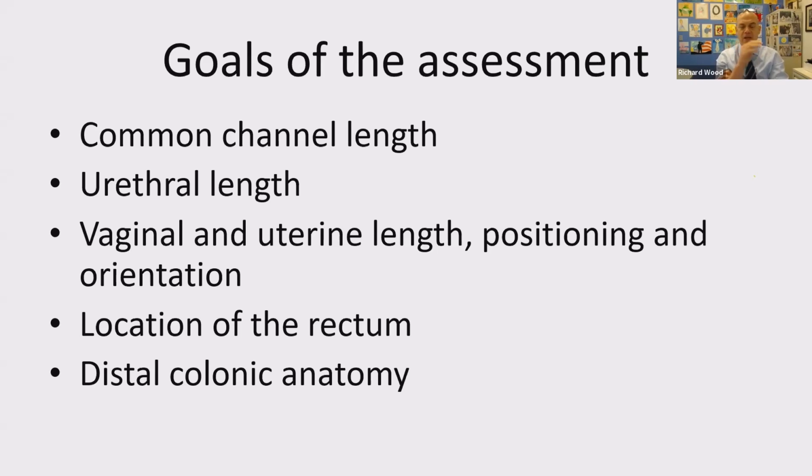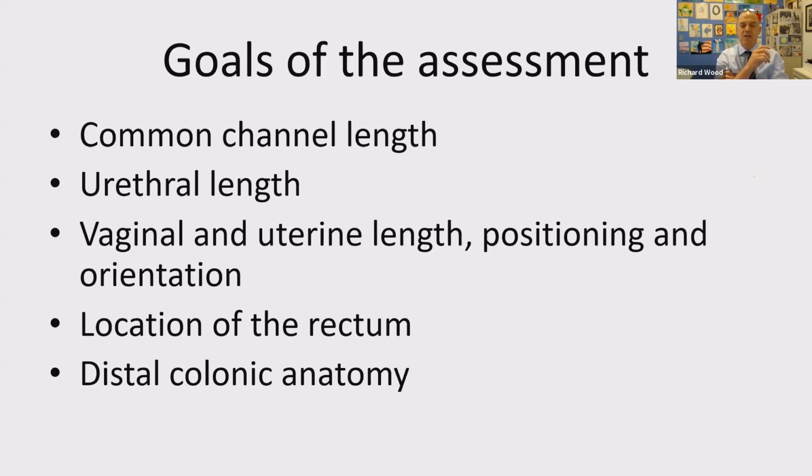So we need to know the length of the common channel. We need to know the length of the urethra, and I'll explain a bit more what I mean by that. We need to know the length of the vagina and the vagina's anatomy and orientation to the common channel and the rectum. We need to know the location of the rectum, and for this we use the PC line, which links the pubis to the coccyx, which is from the old ARM classification, like Wingspread.